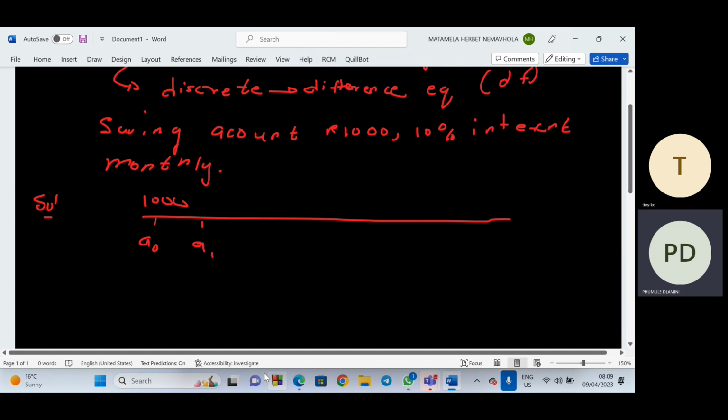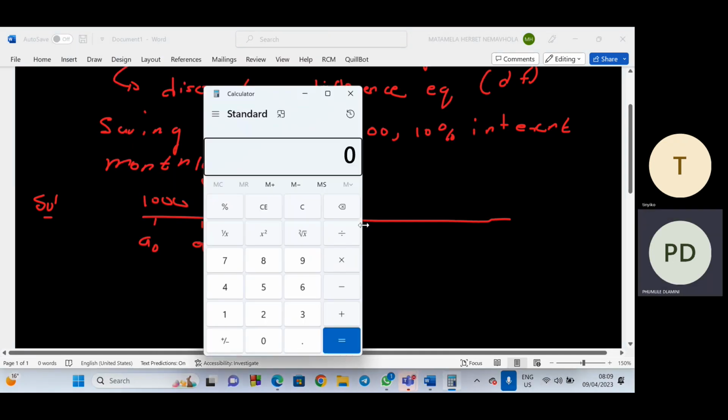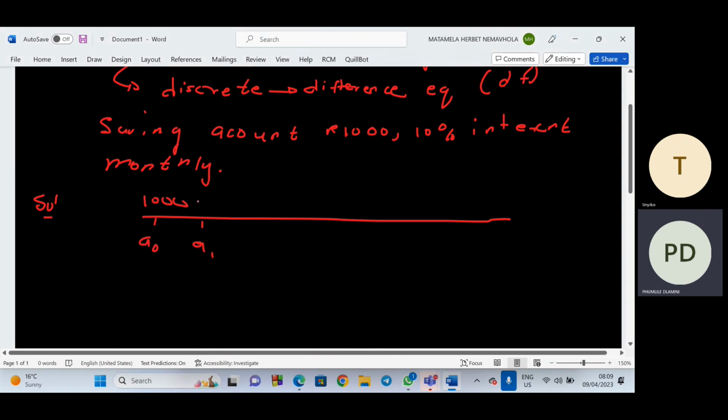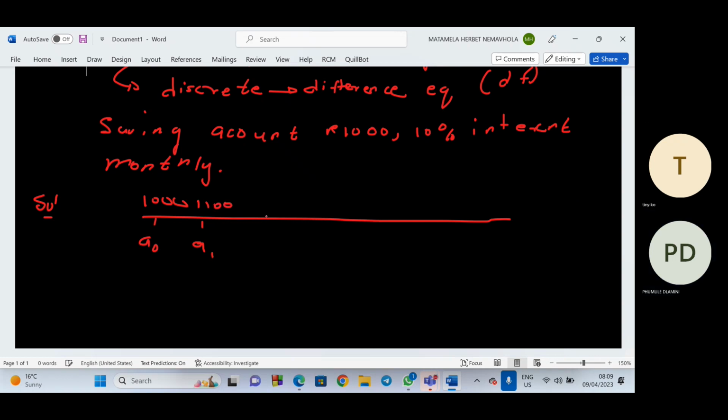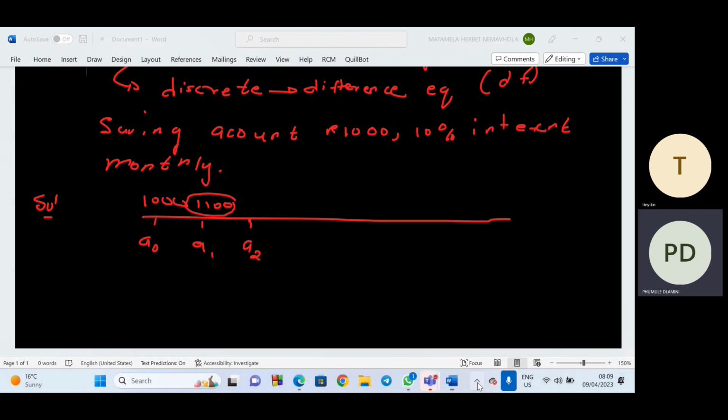So if we use our calculator and say 1,000 multiplied by 10%, we get 100. Which means the change is going to be 100, so A1 is 1,100. Then when we go to term 2, which is A2, we multiply this amount again by 10%.